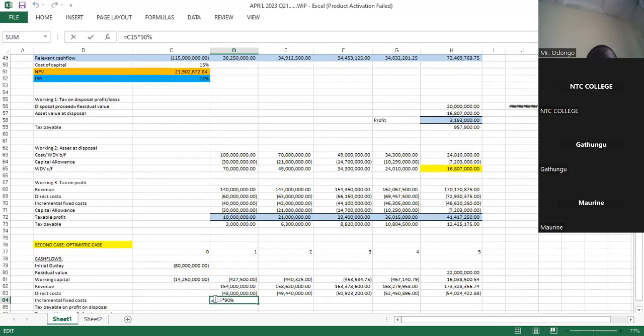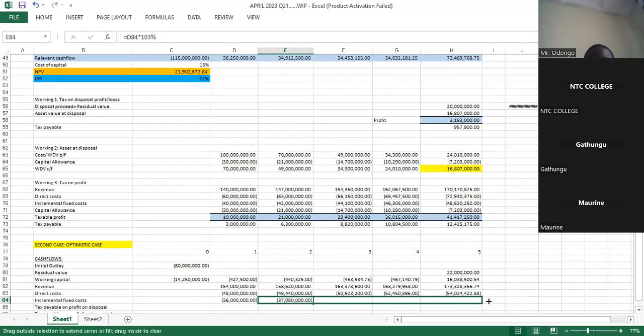But again, to make it a negative, before the cell I put minus. Then when I come to period 2, I take period 1 and multiply by, again, 103%, so that I then apply the same formula to the last year.